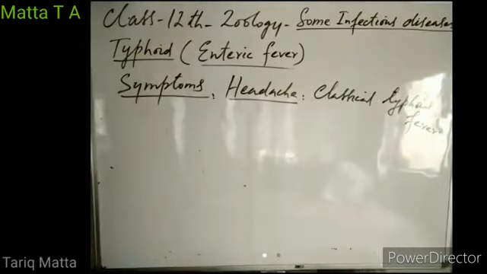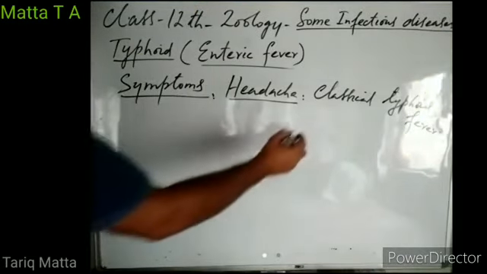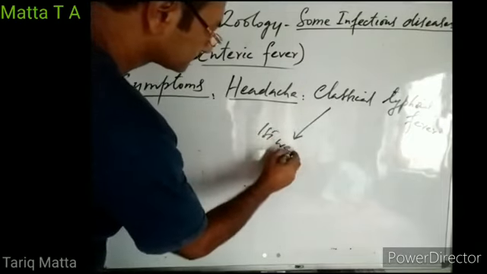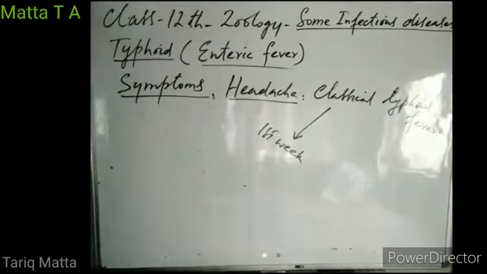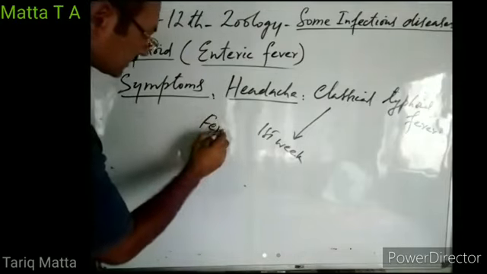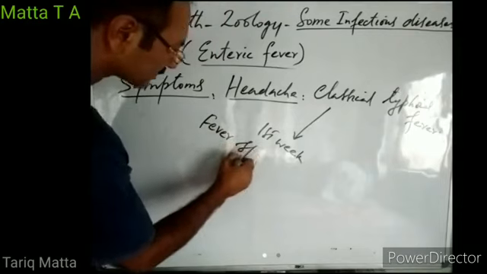What is this classical typhoid fever? In this classical typhoid fever, in the first week, a person suffers from fever, and in the first week, the fever spikes or rises.